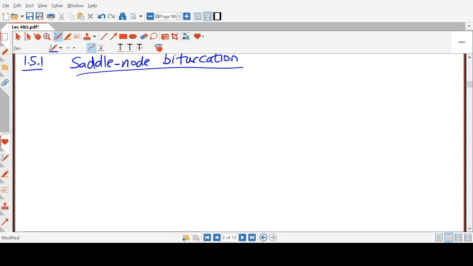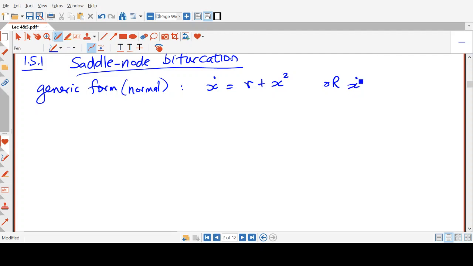The generic form, or what we call a normal form, is x dot equals r plus x squared, or x dot equals r minus x squared. That generates a saddle node bifurcation.